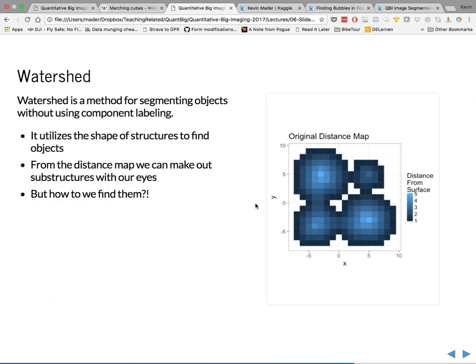So the last major topic we'll cover is this idea of watershed. If we go back to this original distance map, we now have 3 different objects here. We could do a thickness map where we would then get 4 different circles. But that wouldn't necessarily help us separate these objects because these two circles have exactly the same radius.